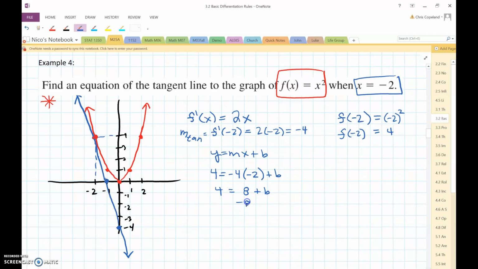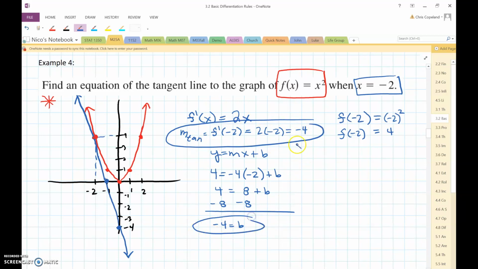We're going to subtract 8 from both sides. I'm going to get -4 equals b. And so now I can use my slope and my y-intercept to come up with the equation of the line, which would be y equals -4x minus 4.